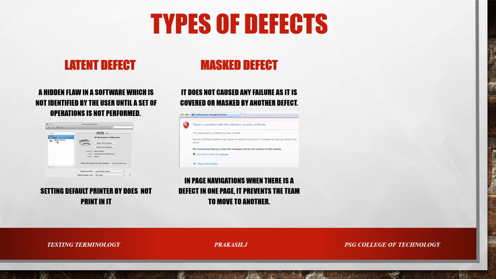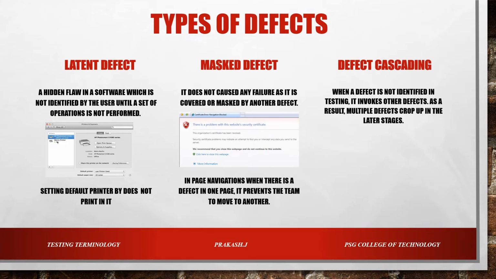The next category of defect is defect cascading. When a defect is not identified during testing, with the help of other defects it will multiply and crop up in the later stages. Those kinds of defects are called defect cascading.